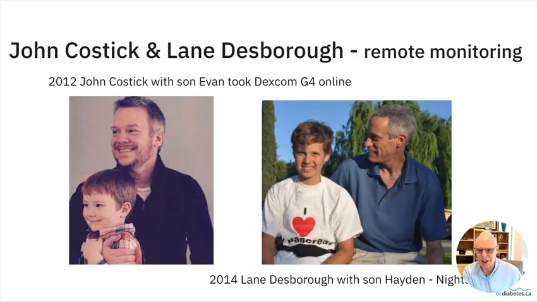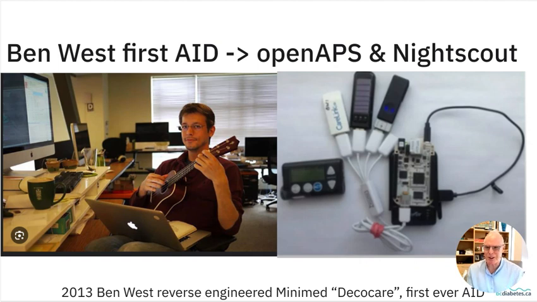Well, it all started when John Costik and his son, and Lane Desborough and his son, figured out how to remotely monitor with the Dexcom G4. This was fully 2 years before the Dexcom Clarity app that we know now came into existence. The next big step was when Ben West, who was a developer, he worked for Dexcom for a while, he was a musician.